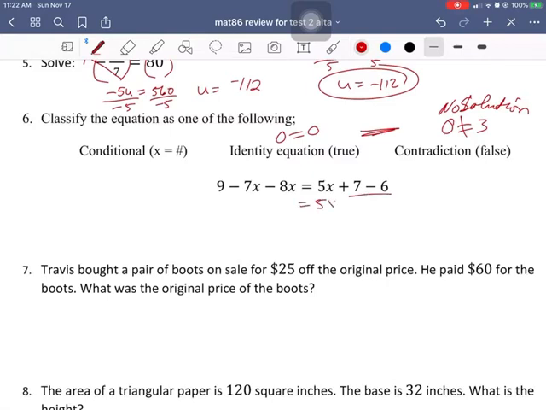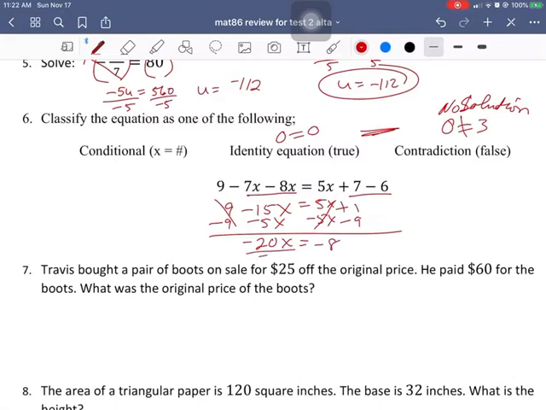Combine like terms on this side first. And over here I've got 2 X's to combine. And then I want to move my X's this way. I always move them to the left. Move my positive 9 by subtracting 9. So I'm going to get a negative 20x equals negative 8.